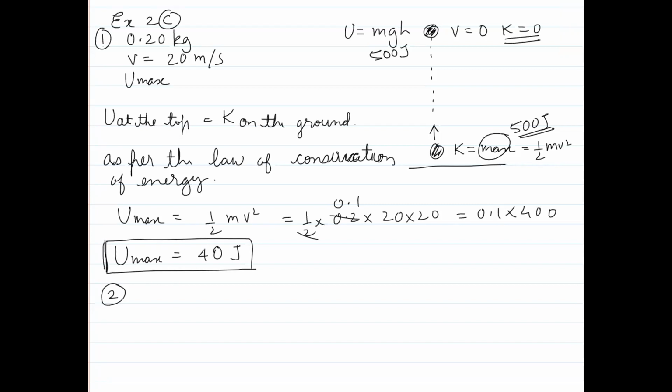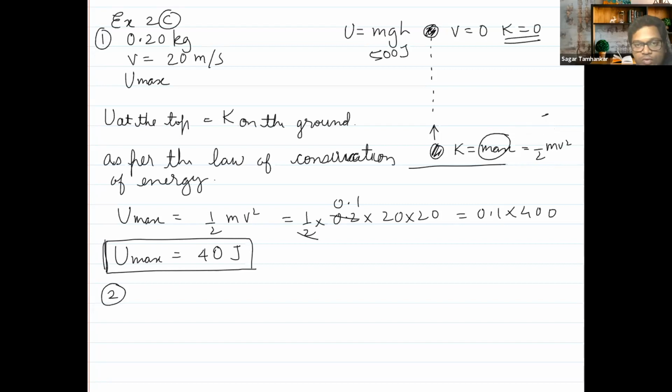So can you explain? I didn't understand. See, they have given you that this is a ball of mass 0.2 kg and it has been thrown up with a velocity of 20 meter per second. When the ball reaches the maximum height, what is the potential energy? That is the question. When the ball left the hand, it had only kinetic energy and no potential energy.